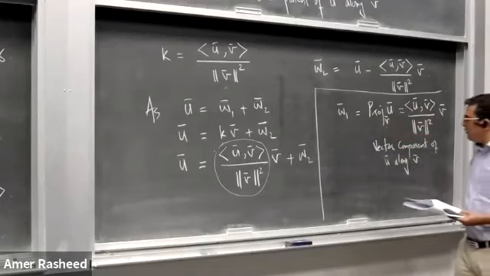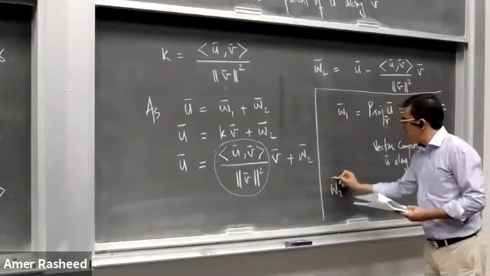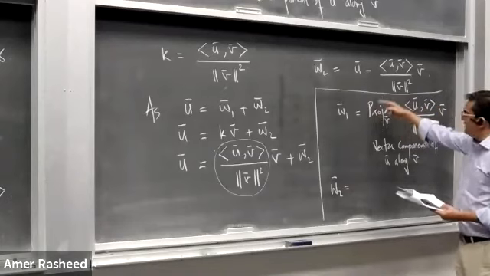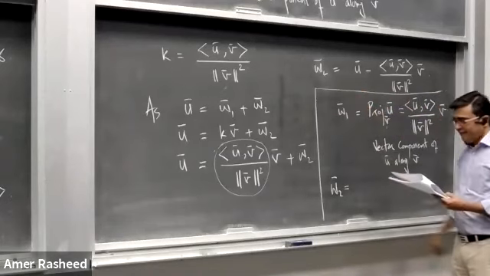Okay. Now, how do we define W2? W2 vector is denoted by, if we denote W1 by this, then W2 is in fact what?